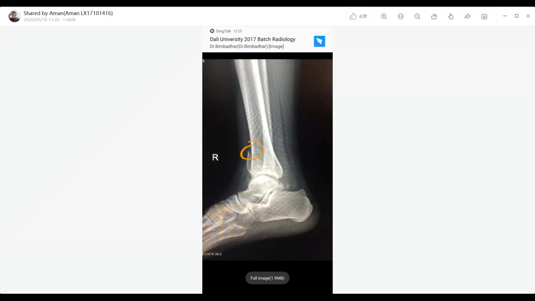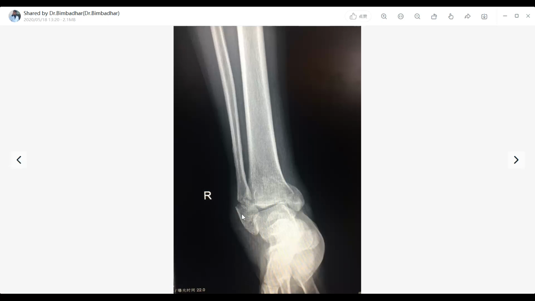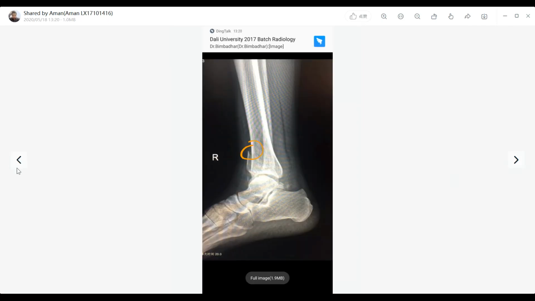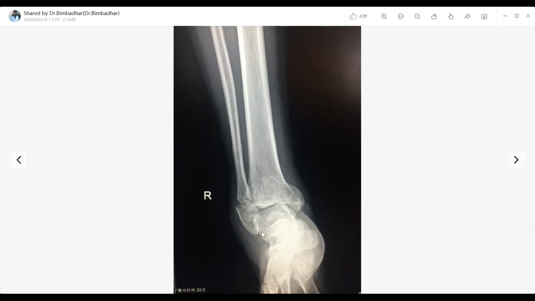So fibular fracture and tibial fracture, and there is a mild anatomical disorientation of the ankle joint. Such a kind of fracture is actually called the Volkmann's fracture. Remember, okay, this kind of fracture is actually called this.